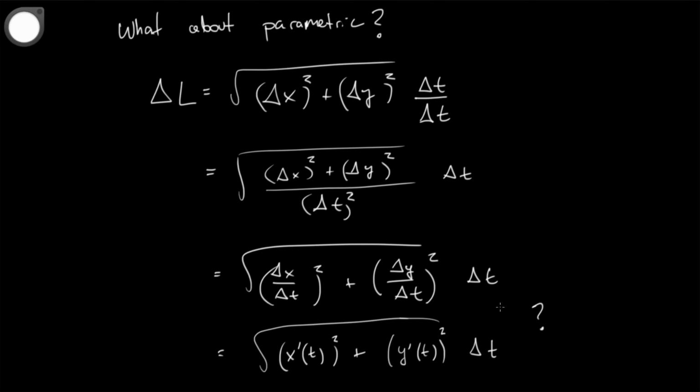This is a much more complicated question than before, because the mean value theorem says that on a curve, as long as that curve is smooth, there is a point on that curve whose tangent is equivalent to the secant line. But what it doesn't say is that if I use the mean value theorem twice, once with respect to x and once with respect to y, is that point going to be the same point?